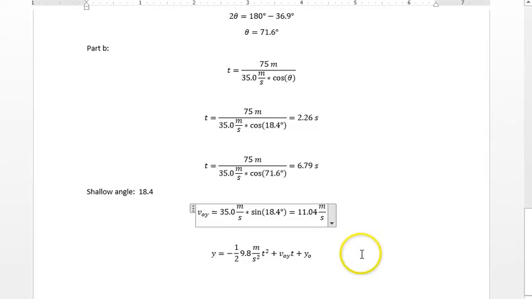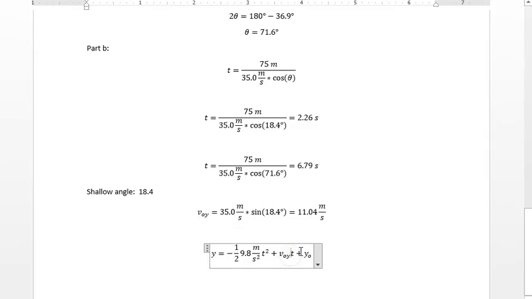All right, so we stick in our 11.04 or 11.0 meters per second times time, and y naught starts out as 0, right? Our time is, in this case, 2.26 seconds.